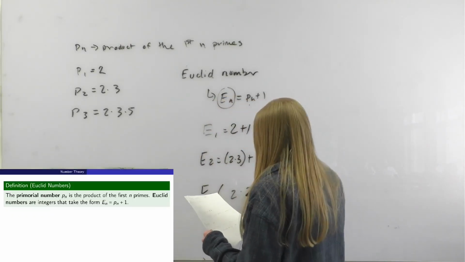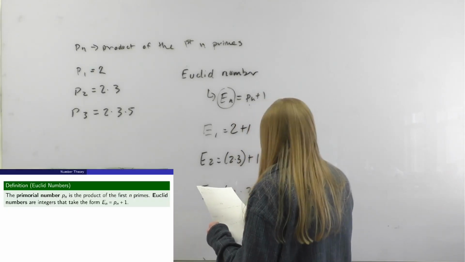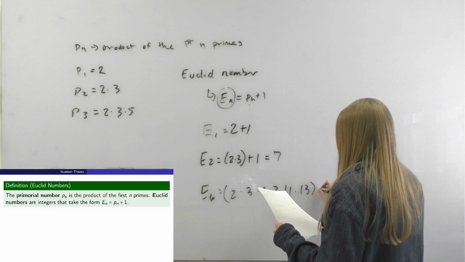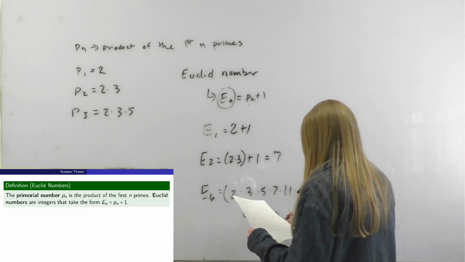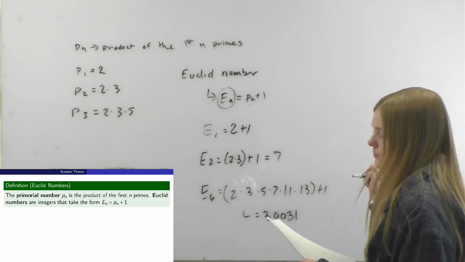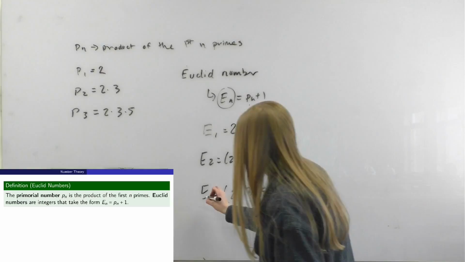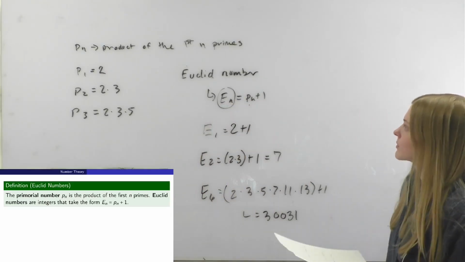So we have E6 is equal to 2 times 3 times 5 times 7 times 11 times 13 plus 1. And this is equal to 30,031. Okay, and the reason I chose E6 is that this is the first non-prime Euclid number.